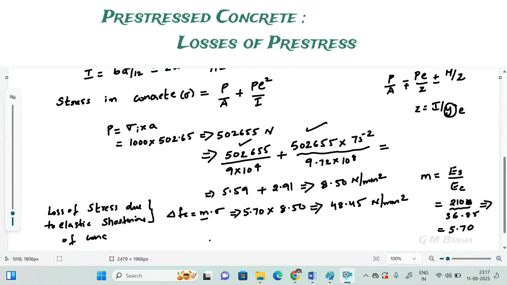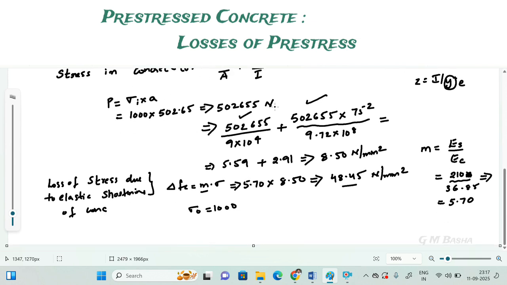Okay, then what is the original stress in the wires? Initially the stress in the wires will be 1000 Newton per mm square. What is the loss obtained here? 48.45 Newton per mm square. So after that, the stress in wires will be equal to 1000 minus 48.45. So what is the value here?